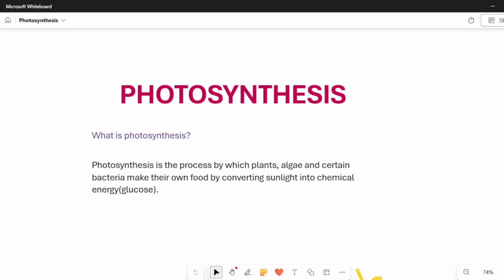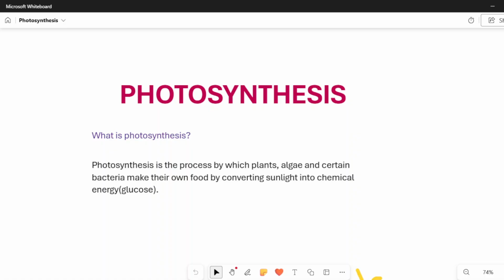So, this process by which the plants, algae, and certain bacteria make their own food by converting sunlight into chemical energy, which is glucose, which is nothing but the food for the plants, algae, and certain bacteria, is called photosynthesis.